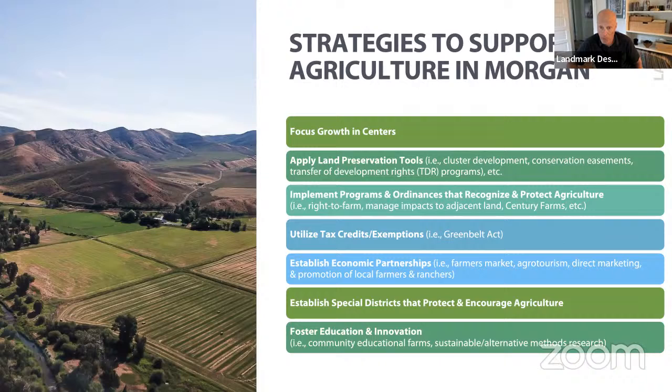Also to implement programs and ordinances, with a special focus on protecting agriculture. And there's again a discussion about that in the plan. Utilizing tax credits and exemptions to preserve green space and open space. Establishing economic partnerships.